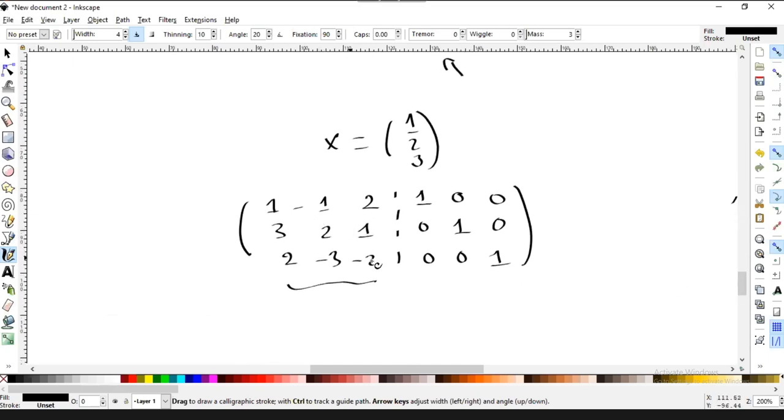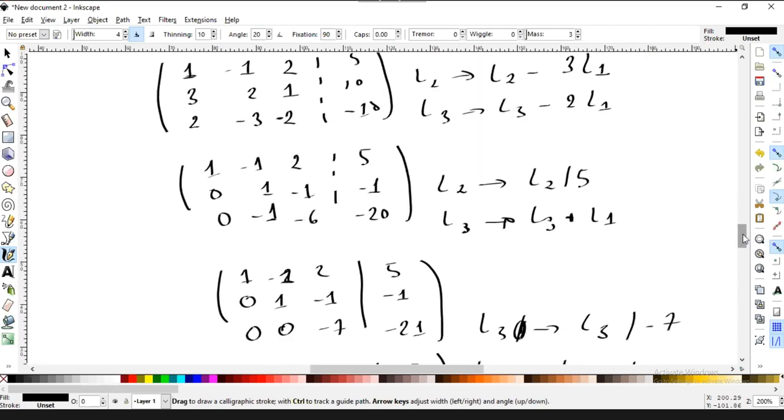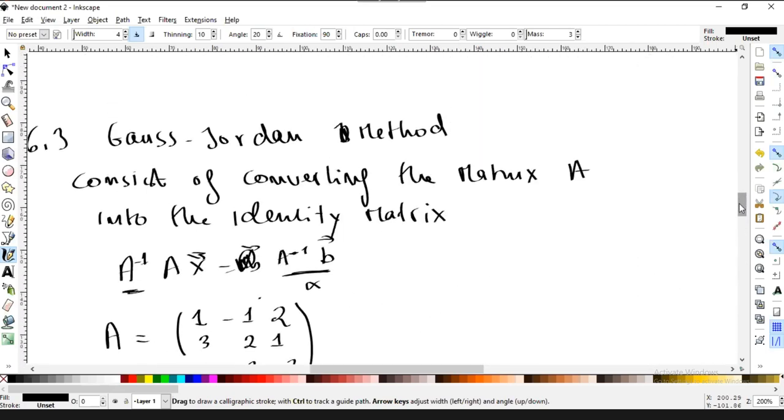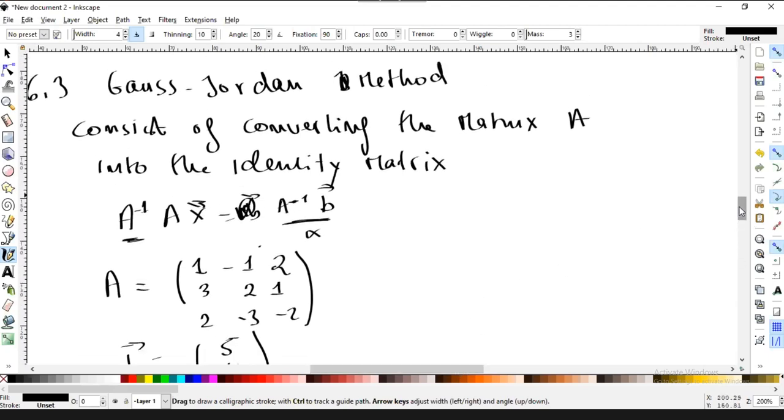I subtract lines such that this becomes the identity matrix, and this then becomes the A minus 1. So this is interesting: the Gauss-Jordan to get the inverse of the matrix.